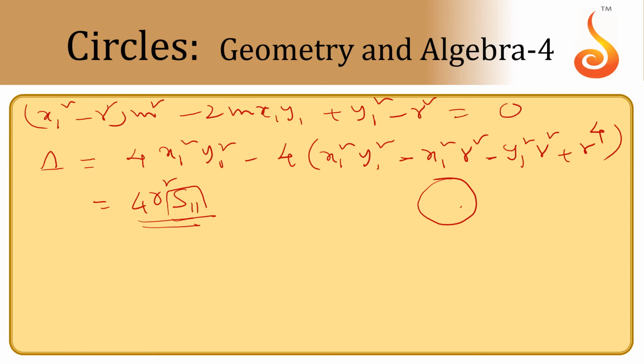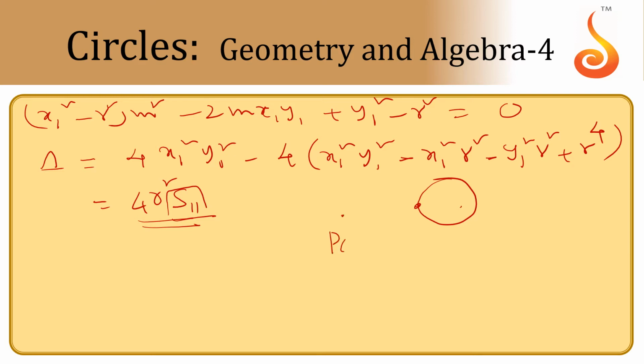No real values of m, means no real tangent will pass through this point if the point lies inside the circle. If the point lies on the circle, s11 will become 0, so the discriminant will become 0. Two real and equal values of m, so two tangents which are coincident, means geometrically only one tangent is possible through that point x1, y1.